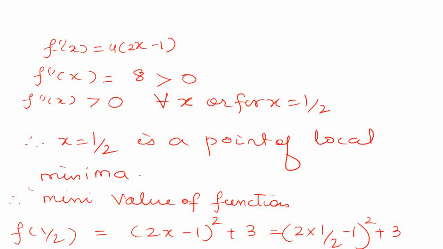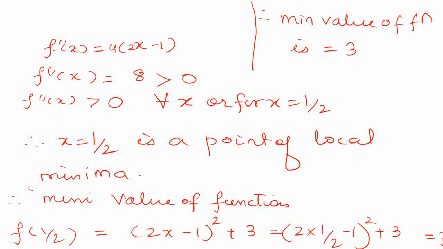Okay, so 1 minus 1 will give 0, so answer will be 3. So what we can write here, therefore minimum value of function is equal to 3 and there is no maximum value.